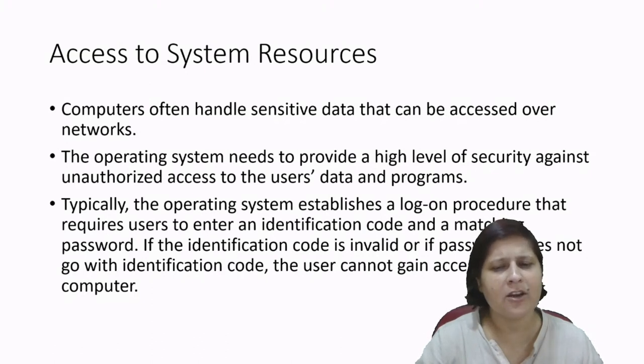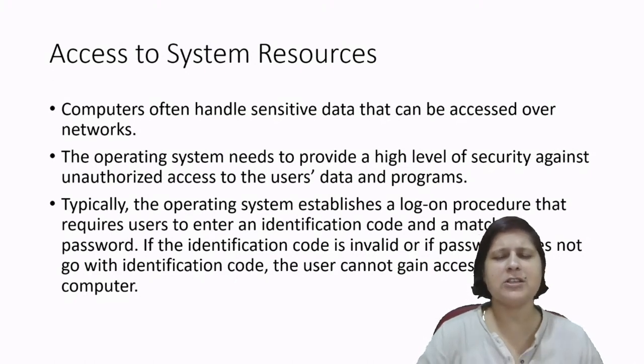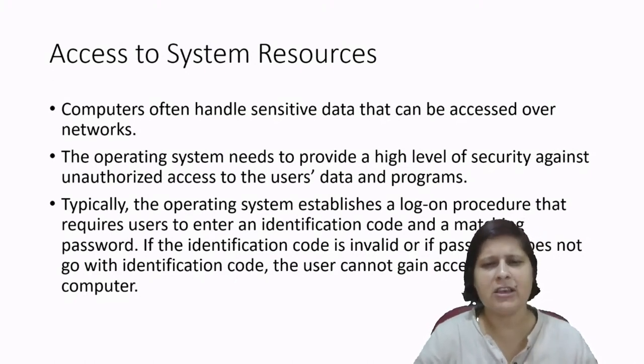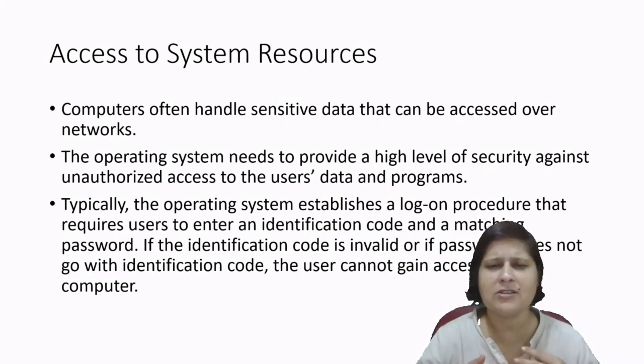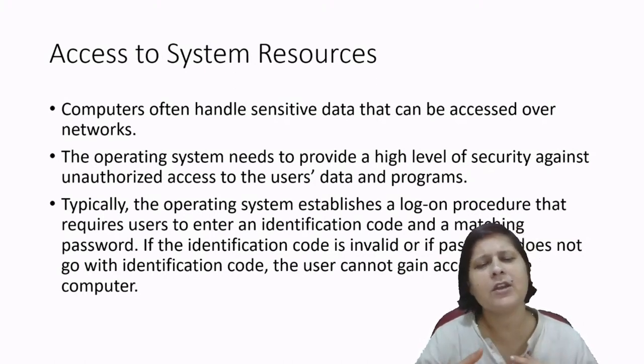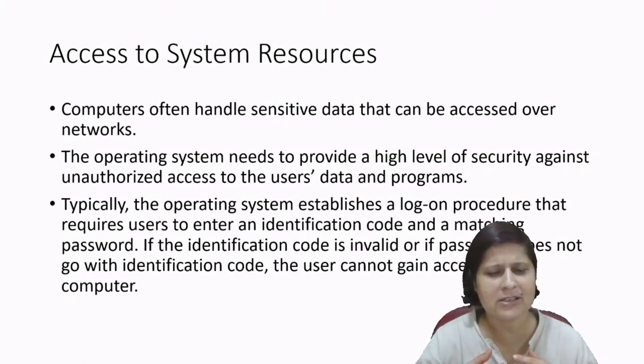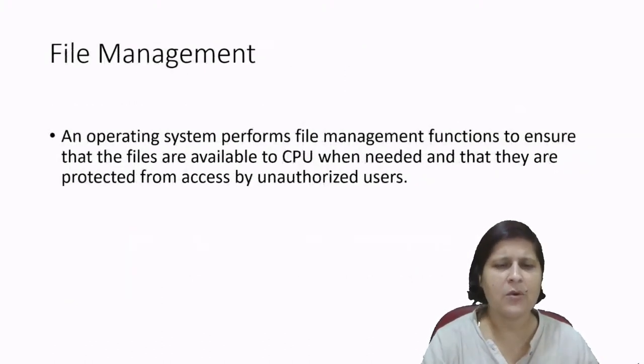It is the responsibility of the operating system to provide security against unauthorized access, so that no unauthorized person can access our data, right? The operating system establishes a logon procedure that requires the user to fill in the credentials. If the credentials match the credentials given at the time of creation, that is your username and password, then only you can operate the system, otherwise you cannot, right? It shows that you are an unauthorized user.